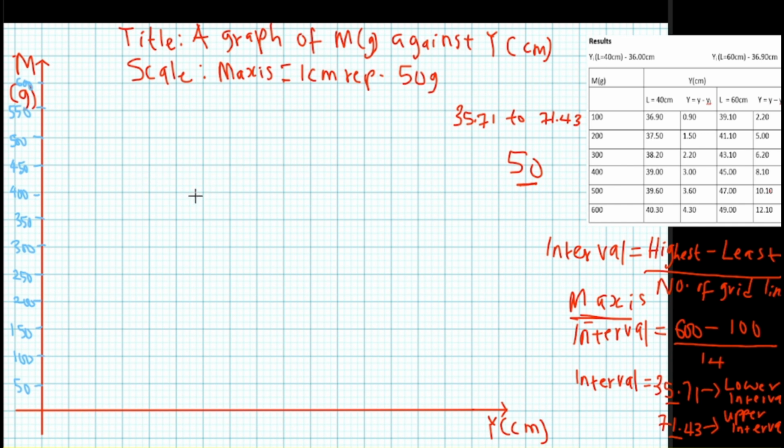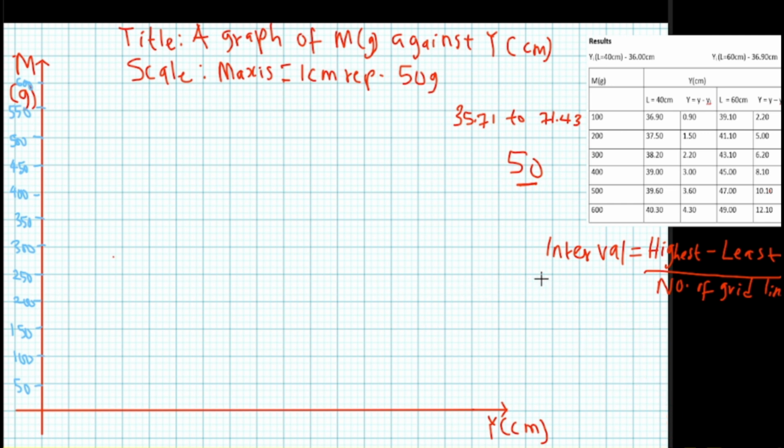Now the next one is going to be for the horizontal. Just like we solved for the scale for the vertical, we also solve for the scale on the horizontal. How do we go about it? We use the same interval formula.